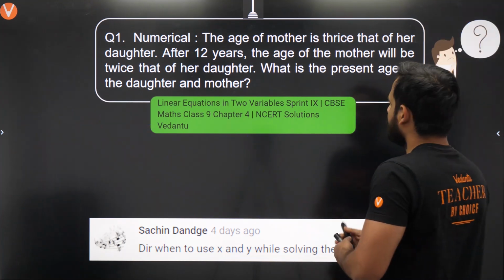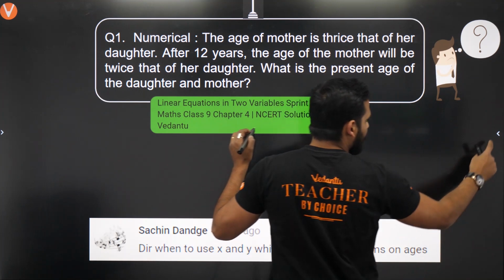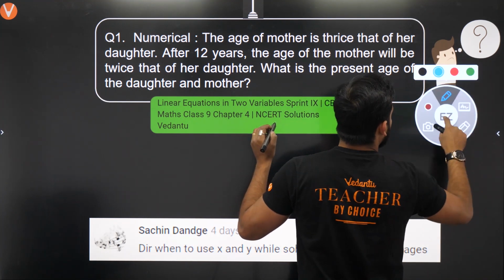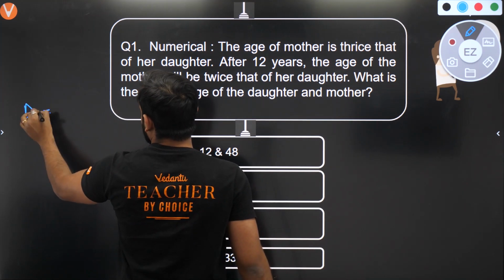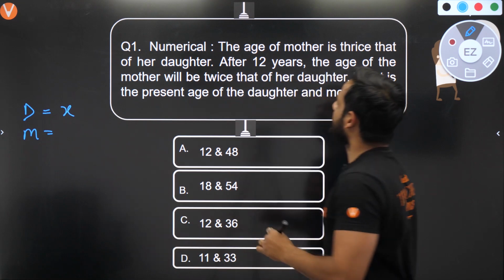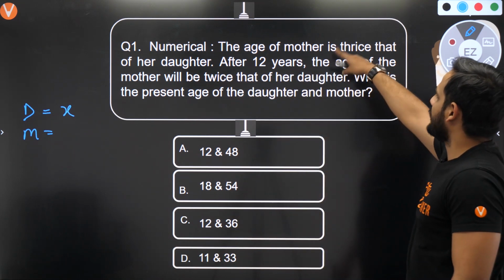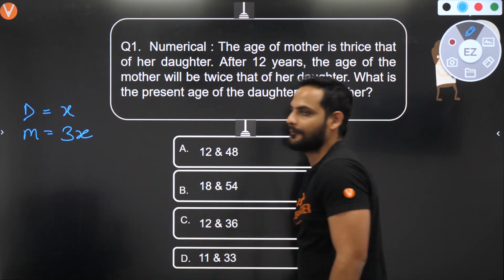How we can do it? Sir, we can do it that let's say age of the daughter is, let's say, x. Age of mother I will be getting from this part. Age of mother is 3 times of her daughter. So age of mother will be 3x. Right?